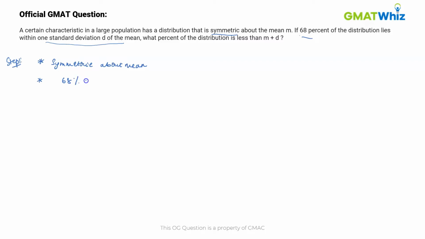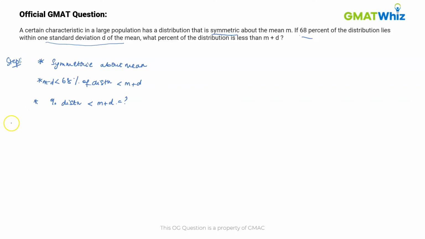That is, 68% of the distribution lies between m minus d and m plus d, if d denotes the standard deviation. We have to find what percentage of the distribution is less than m plus d.